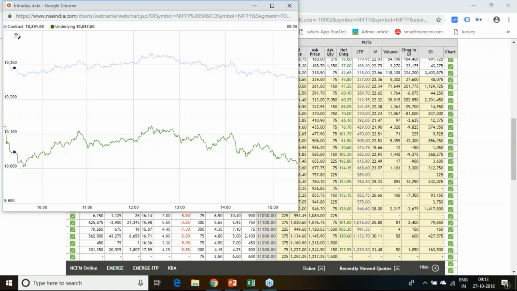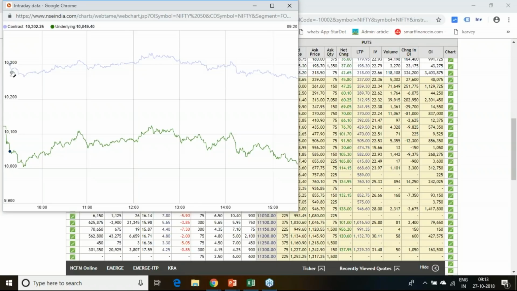This hand symbol you see on top is where the contract appears. Next to the underlying, on the right-hand side, the time is also reflected. Now I have chosen the 10,000 call option, and I am focusing on 9:20.